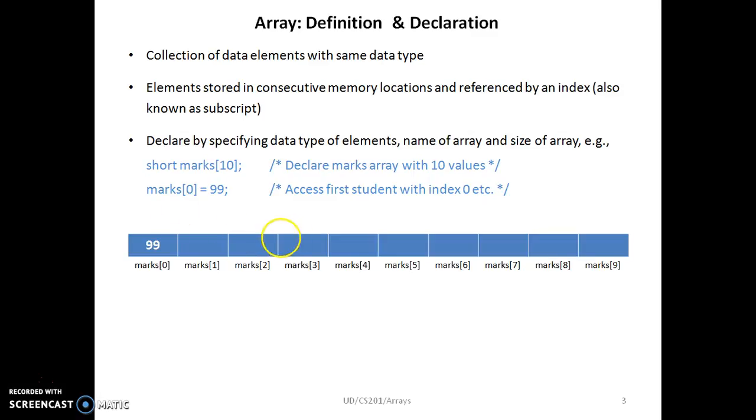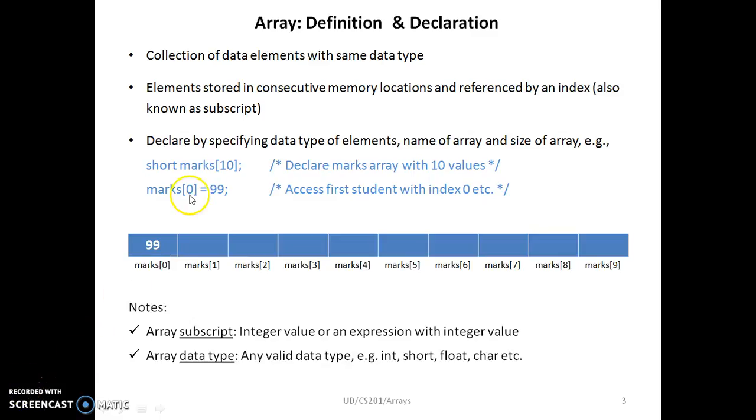So as a result of that assignment operation, you can now see that the first element is populated with the value 99. Note that along with this subscript, you can not only specify an integer value, you can also specify a complex expression.